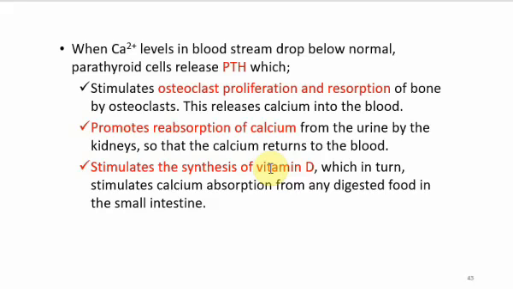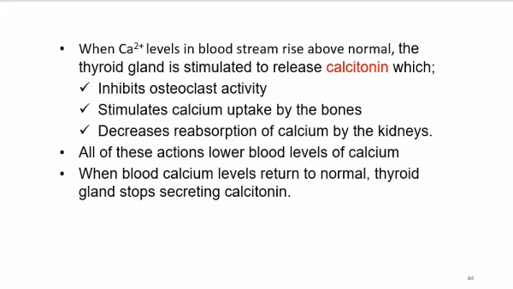That process is facilitated by vitamin D. That's why parathyroid hormone will stimulate synthesis of vitamin D, which in return will increase absorption of calcium from your gut. Now, that happens when there's hypocalcemia. What about when there's hypercalcemia, when there's too much calcium ions in the bloodstream?